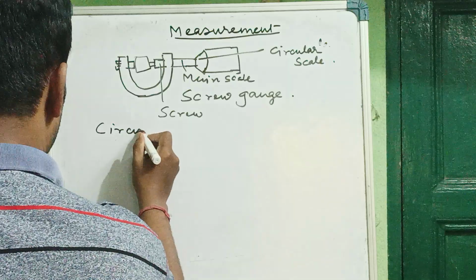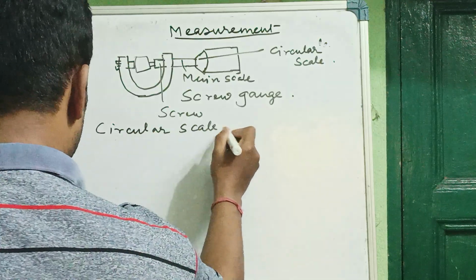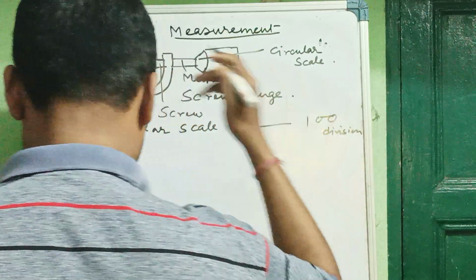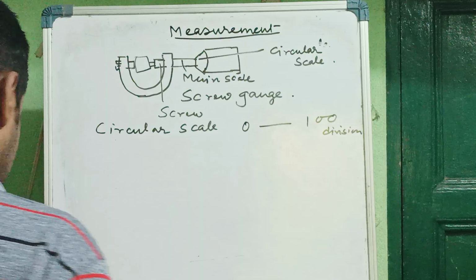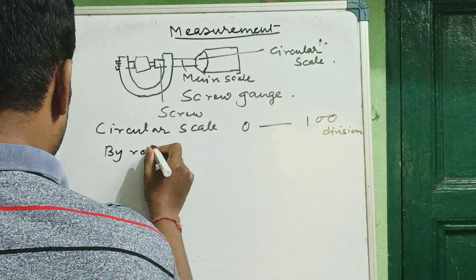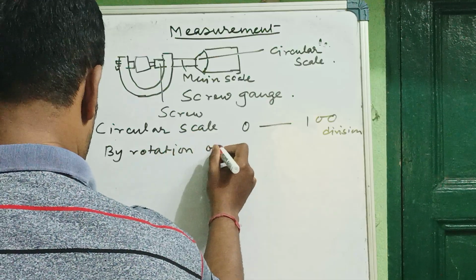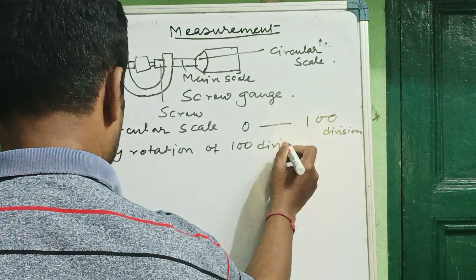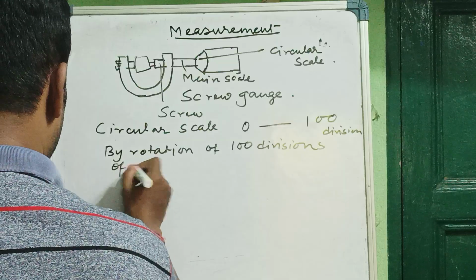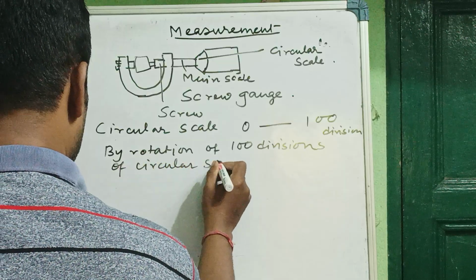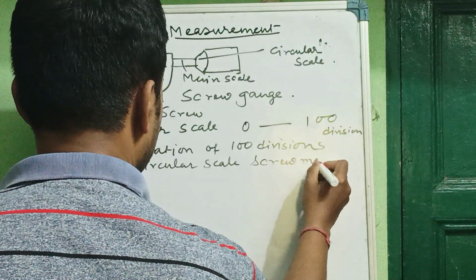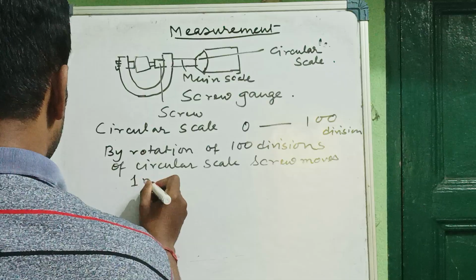The circular scale depends on the screw gauge, mainly 0 to 100 divisions, or maybe 0 to 50 divisions. That means by rotating 100 divisions of the circular scale, the screw moves 1 millimeter.